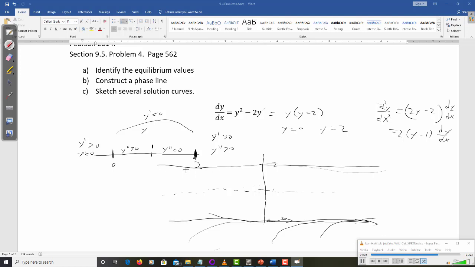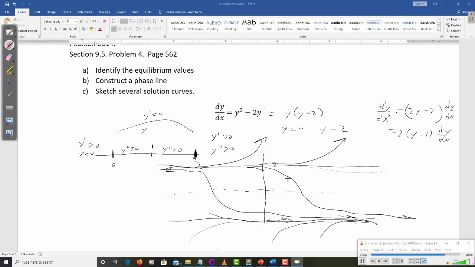As you're close to 2, let's see, right below 2, you're decreasing, but then you're concave down until you hit that when you're concave up. And then up here, increasing concave up. So pretty much the same graph as last time.